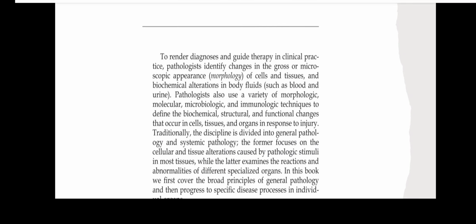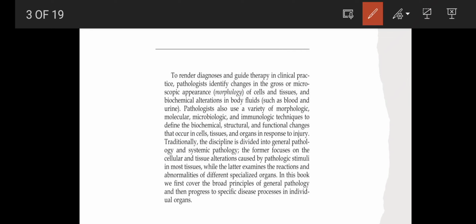Now moving further, to see the diagnosis and therapy in clinical practice, pathologists first identify changes in the gross or microscopic appearance, which is called the morphology of cells and tissues, and then they see the biochemical alterations in the body fluids, for example in the blood or urine.